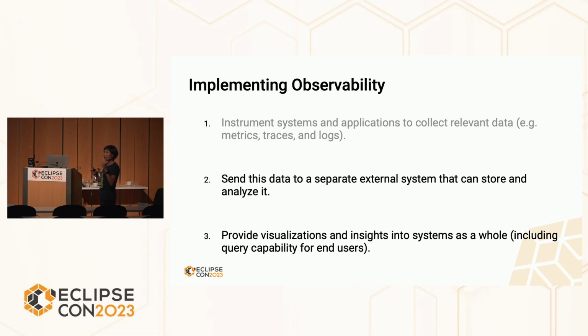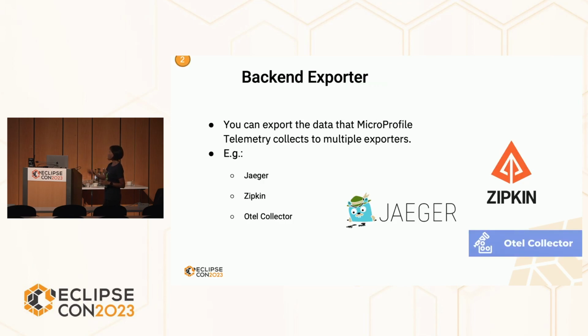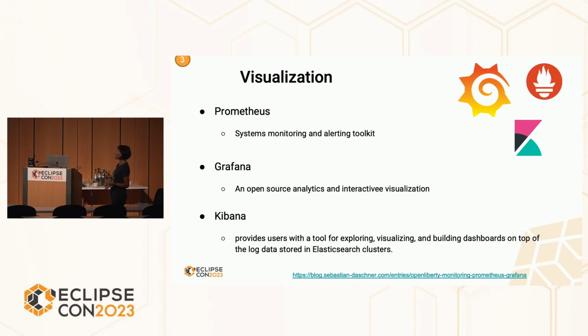This is like if you want to get to know Mars, you have to send a space shuttle to Mars to collect some samples to be analyzed. The second step is that with this data, you can send it to an external system to store or analyze it. So you can go to Jaeger or Zipkin so that you can then analyze the data.